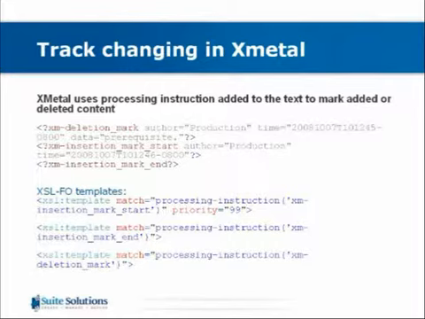Processing instructions are nice in that an XML processor will basically just ignore them. They'll go through. You don't have to add them to the DTD. They'll just be passed along. And when somebody wants them, they'll catch them. So they use XM deletion_mark for something that's deleted, XM insertion mark start to know where something started being inserted, and insertion mark end where something ended.